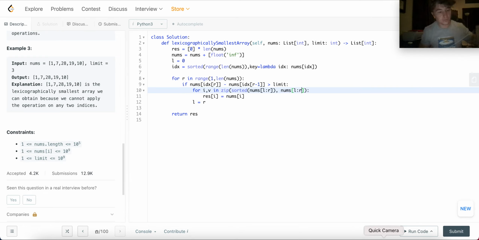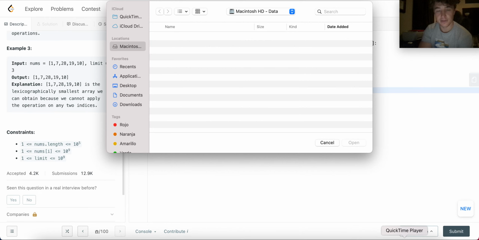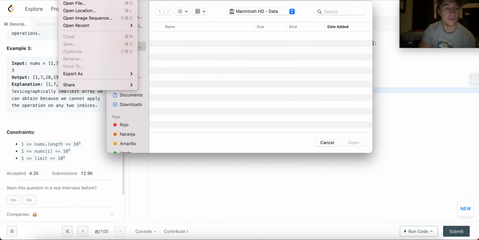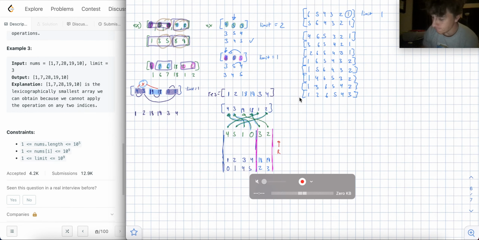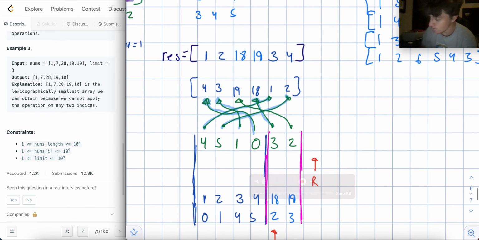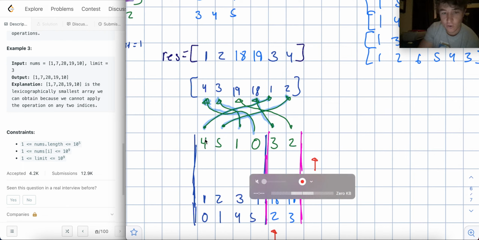So the best way to explain this probably is by example. I'm probably explaining it to myself right now because I'm a bit confused as well. Okay, so here we look at 4, 5, 1, 0. Well, this already is the order of the sorted values, right?